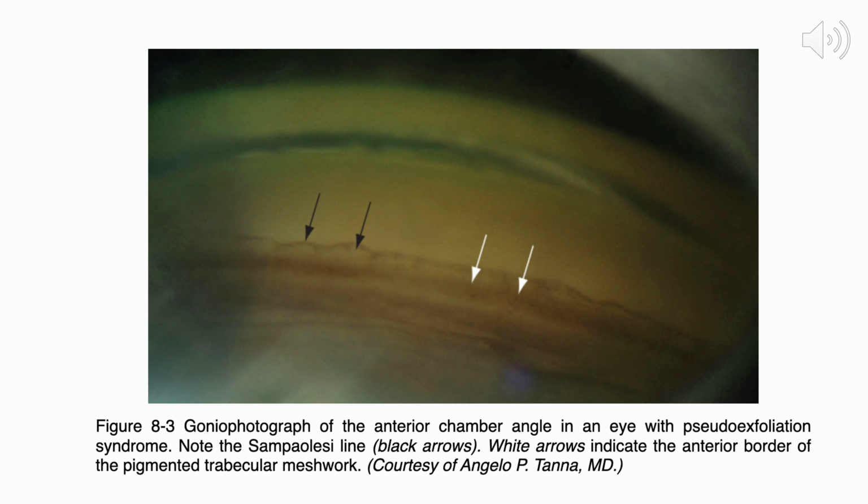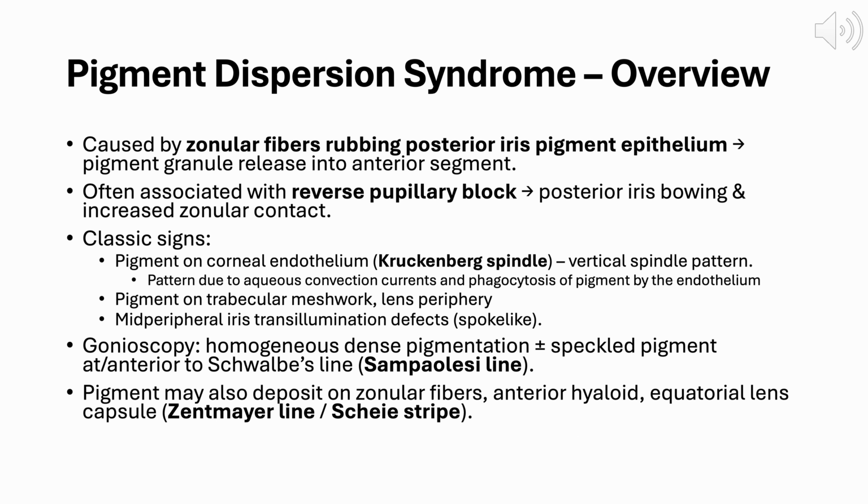Moving on to pigment dispersion syndrome, which occurs when the zonular fibers rub against the posterior iris pigment epithelium, releasing pigment granules into the anterior segment. This process is often linked to reverse pupillary block, which causes the posterior iris to bow backward and increases contact with the zonules.